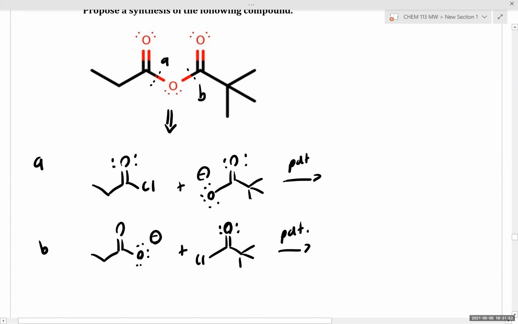You can use other halides, though acyl chlorides are generally the easiest to prepare because thionyl chloride generates the acyl chloride from the corresponding carboxylic acid. Did that answer your question? Perfect, perfect.